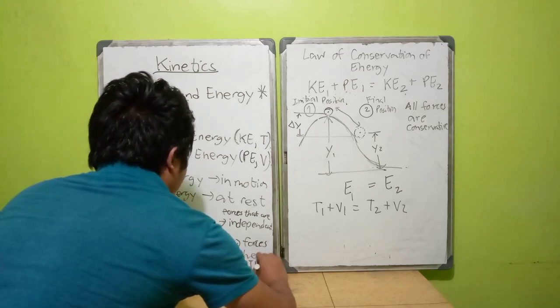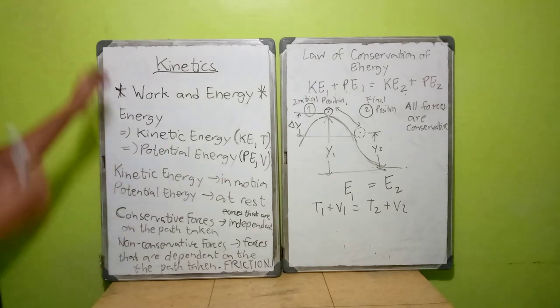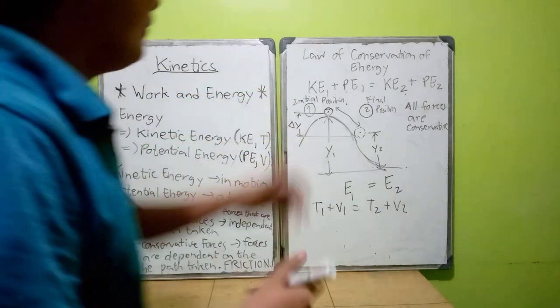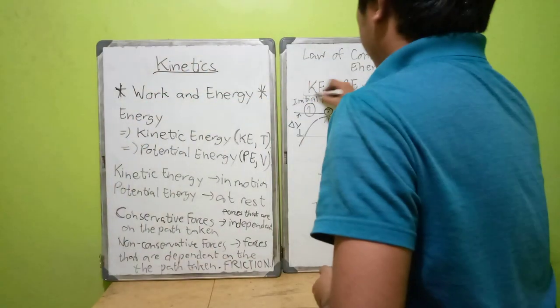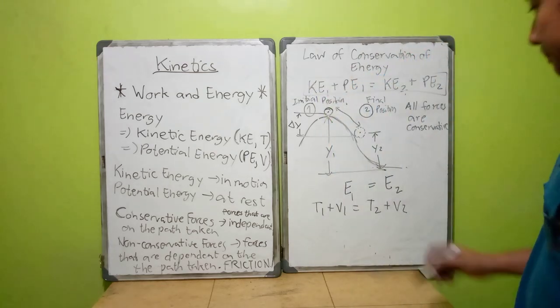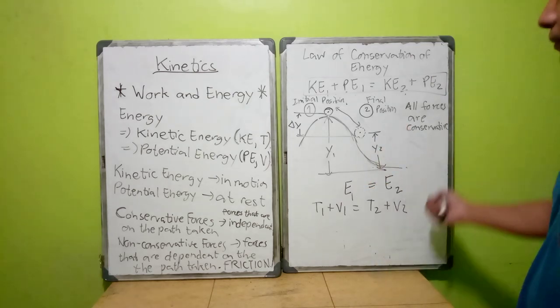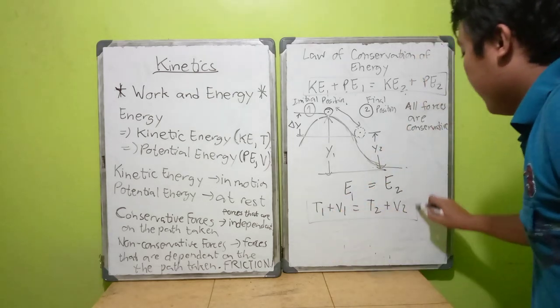The most basic, or the most common, type of non-conservative force is friction. Here we'll concentrate on the law of conservation of energy, in which all forces are conservative, and the initial energy is equal to the final energy.